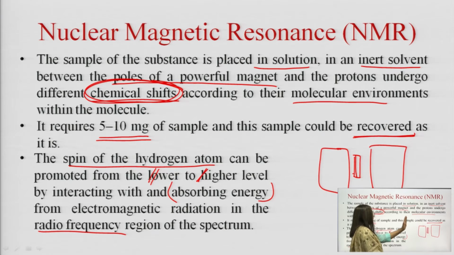That says that once the sample comes in the field of electromagnetic radiation, absorption of energy takes place, causing the elevation of the hydrogen from a lower energy state to a higher energy state, and results in spinning of the hydrogen atom.